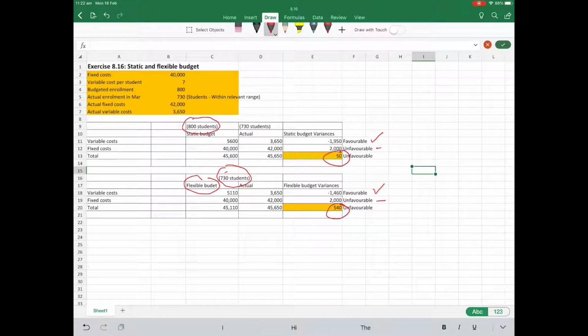This indicates that the variable cost actually increased more than we expected. Based on this, you can explore further what is included in the variable cost and why it has increased more than we expected. So you can say the flexible budget variance is higher quality, information that helps us investigate further what happened.